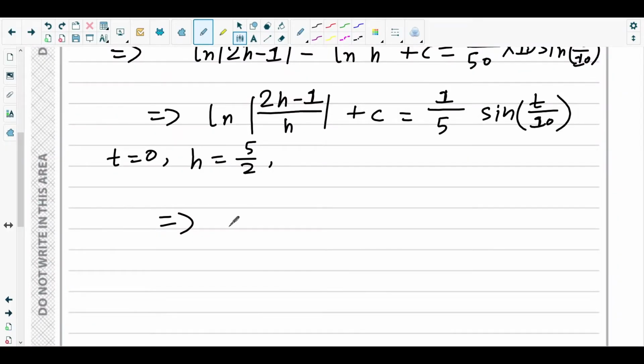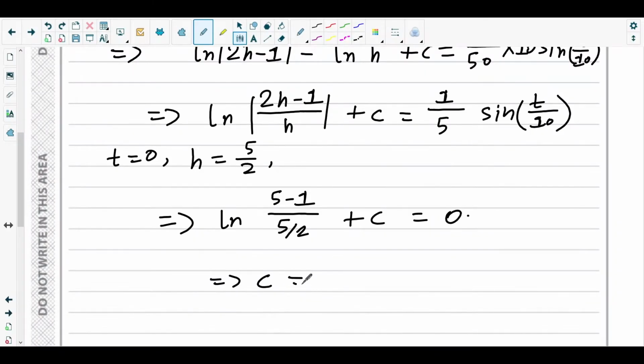So we will use this data, that is when t equals 0, h is equal to 5 over 2. Put t equals 0 there: ln of 2 times 5 over 2, which is 5, minus 1, it is 4 over 5 over 2, plus c equals to sine 0. Sine 0 degree is 0.